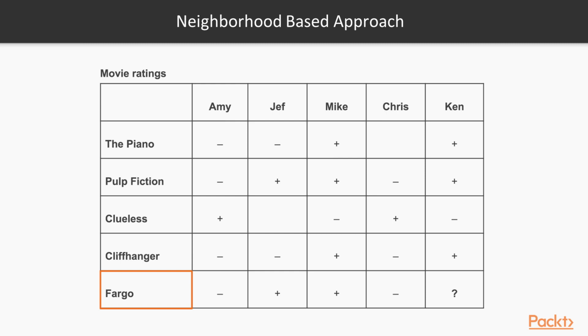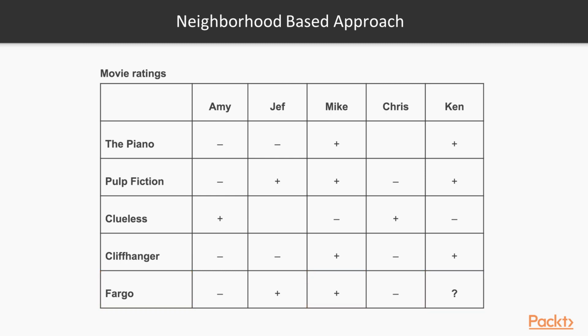To predict if Ken would like the movie Fargo, Ken's ratings are compared to the ratings of the others. In this case, the ratings of Ken and Mike are identical, and because Mike liked Fargo, one might predict that Ken liked this movie as well. So, using that approach, we can suggest the movie Fargo to the user named Ken.